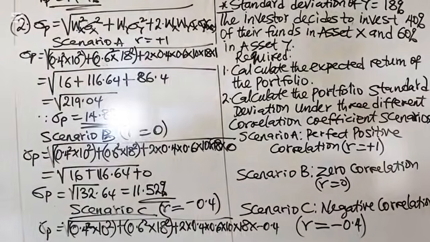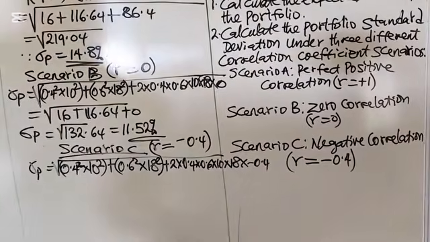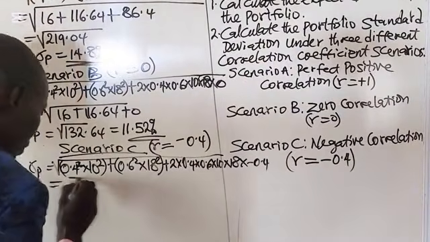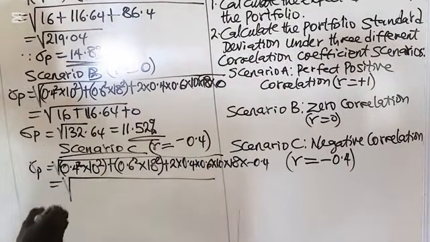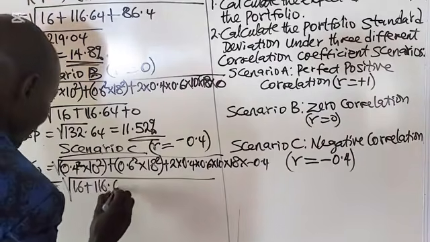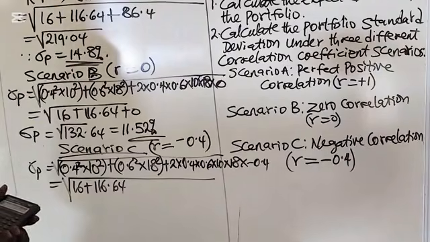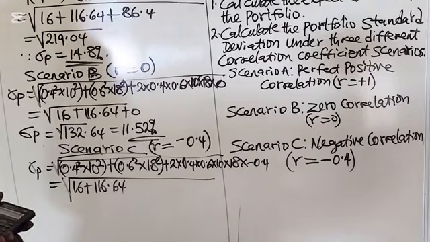Let's simplify this. This will be the square root of 16 plus 116.64. For the third term, we have 2 times 0.4 times 0.6 times 10 times 18 times minus 0.4.